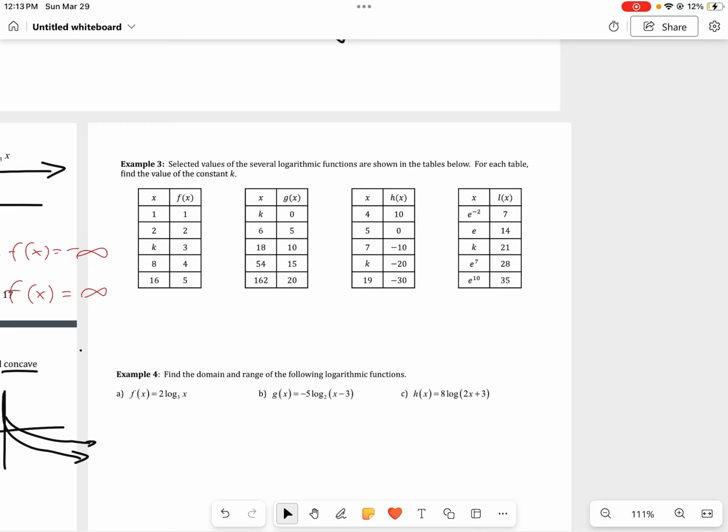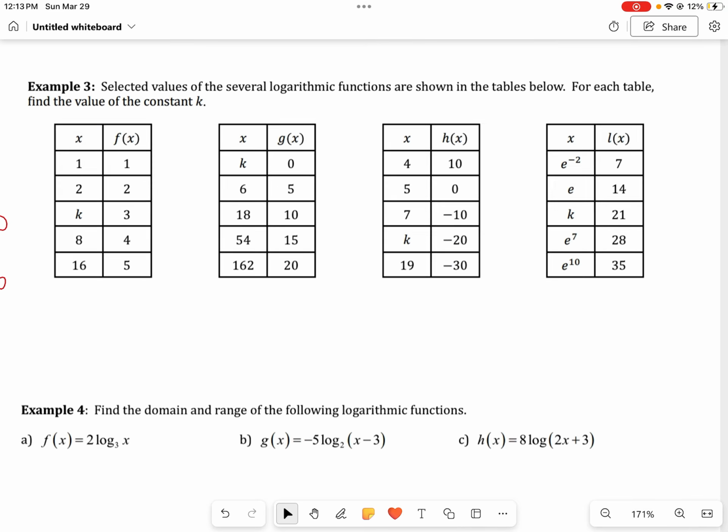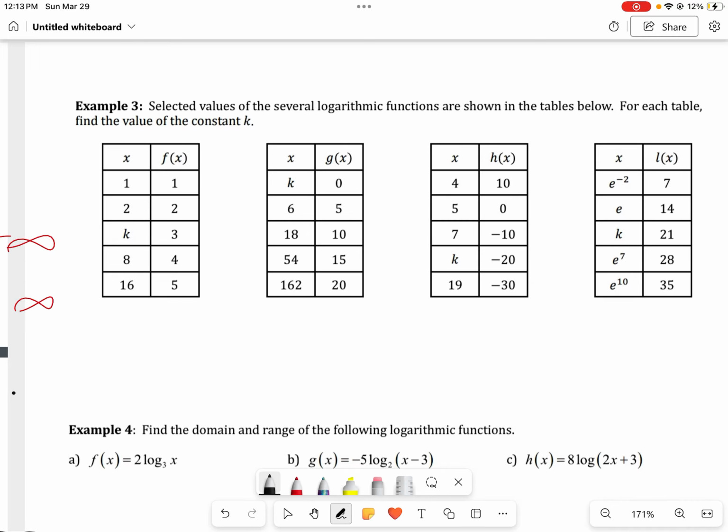Okay, so this one, we're finding the constant k based off behavior. But we know these are log functions, so we know that the x is going to be jumping by 1 magnitude. So it's going to be times 2, times 2. So k is just going to be 4. So times, let's see, okay, so that's times 3, times 3.